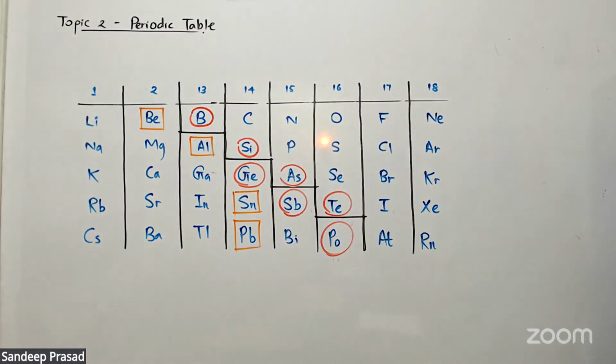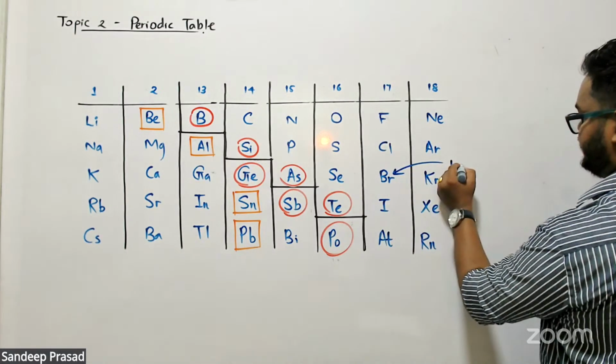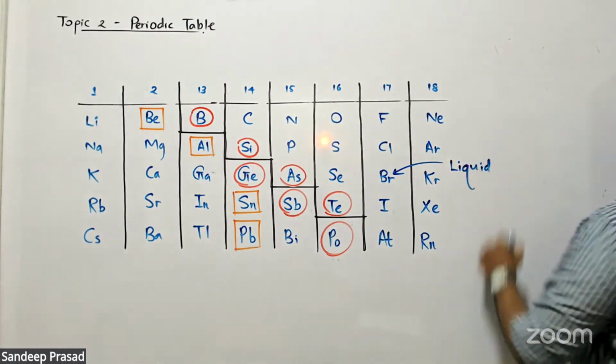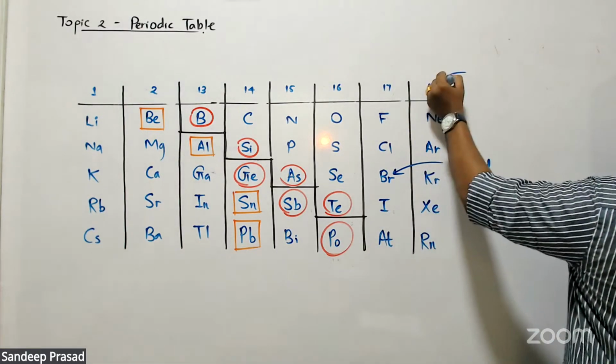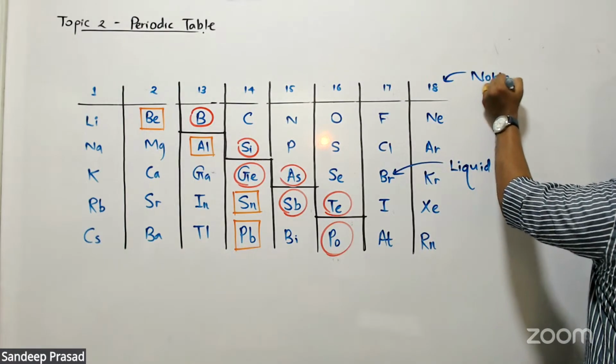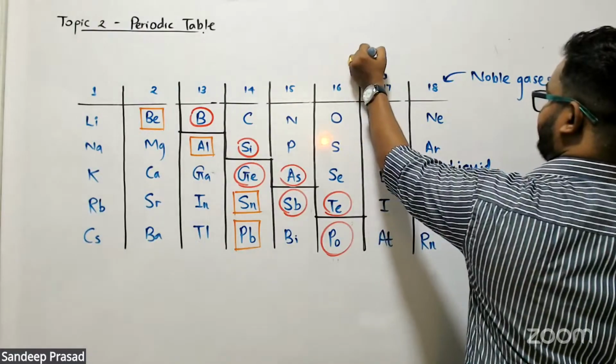After that, bromine is a liquid. I told you that. Bromine is a liquid element. Neon, argon, krypton, xenon are noble gases. Group number 17, these are the halogens.